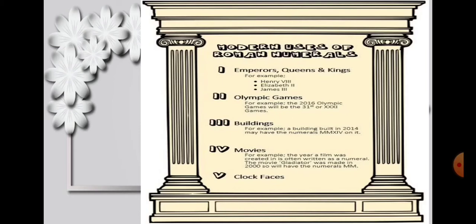For example, a building built in 2014 may have the numeral MMXIV on it. We use it in movies. For example, the year a film was created is often written as a numeral. The movie Gladiator was made in 2000, so we have the numeral MM. We even use it in clock faces.